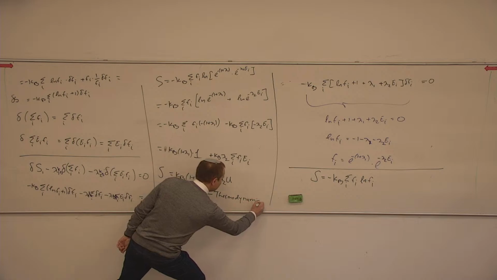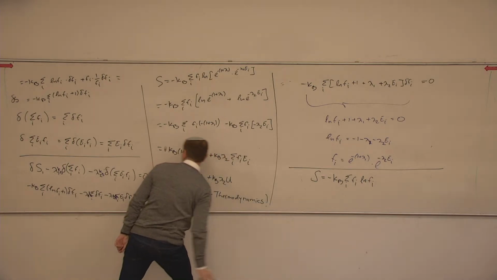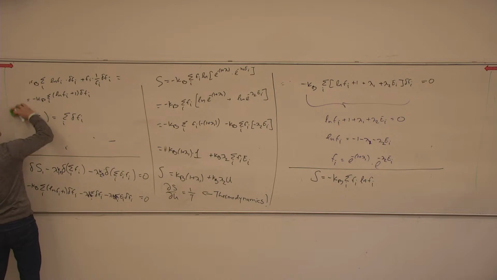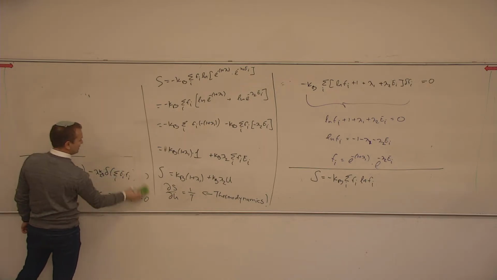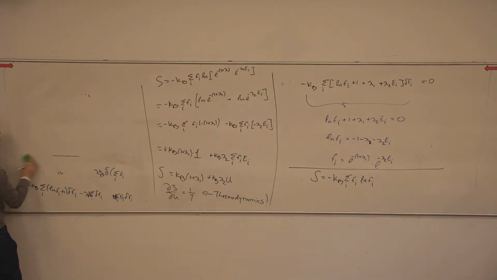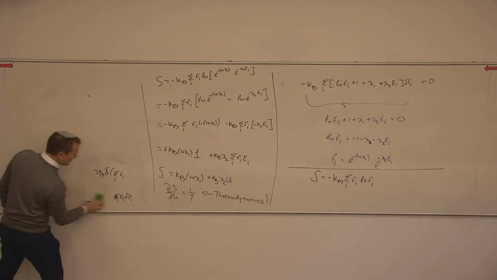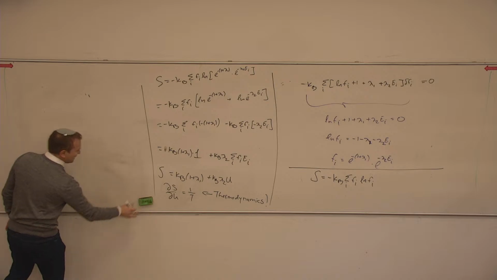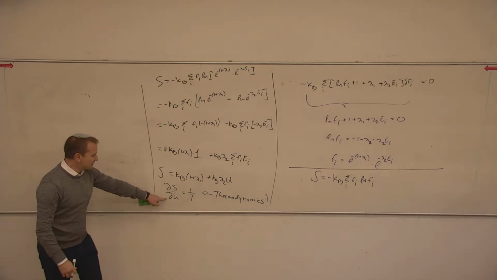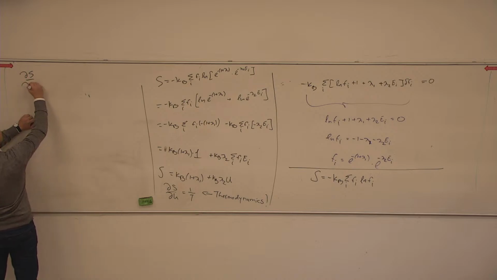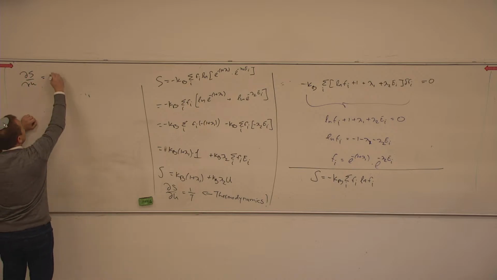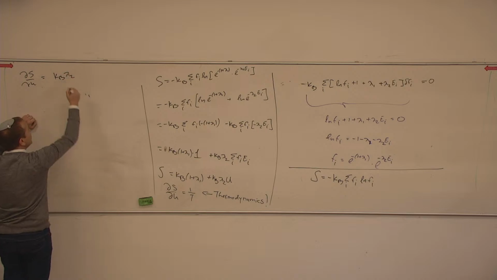This I know from thermodynamics. This is how we defined temperature at the beginning of this class, and you use this expression numerous times in thermodynamics. From my expression, what is dS/dU? It is k Boltzmann lambda 2.